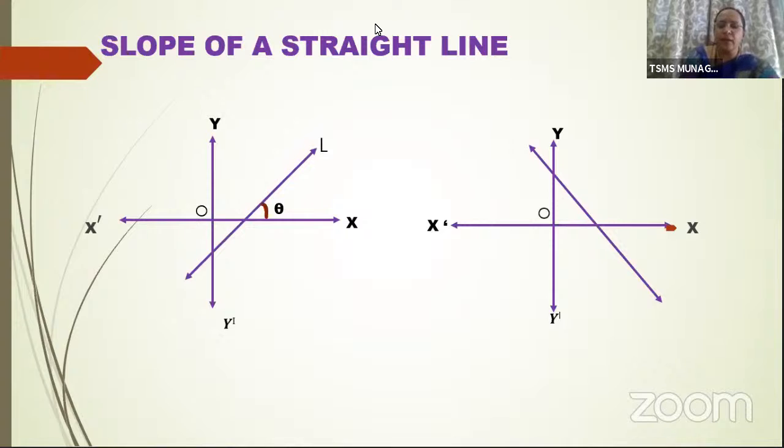As you know, tan 90 is undefined or infinity. So the slope is tan theta, the slope of the x-axis is 0, and the slope of the y-axis is tan 90 degrees, which is undefined.